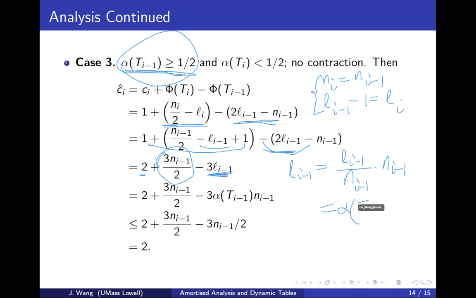So that's T sub i minus 1. This is greater than or equal to 1/2, and with the negative, it becomes less than or equal to 1/2. So there we have 2, we get down to this. This cancels, we get 2. So this is a constant, right? Still constant.